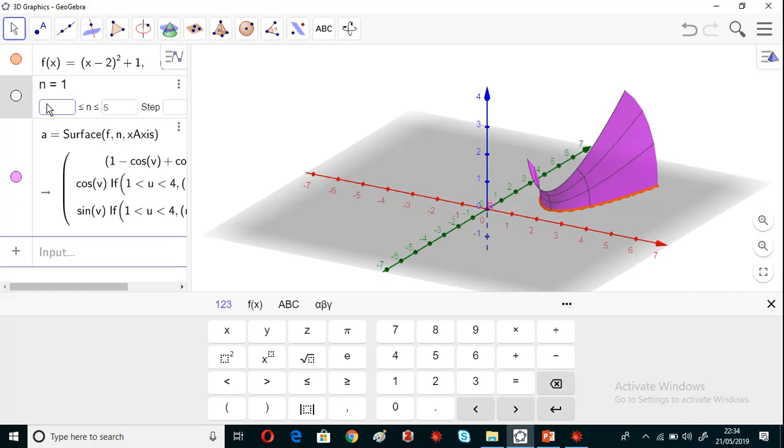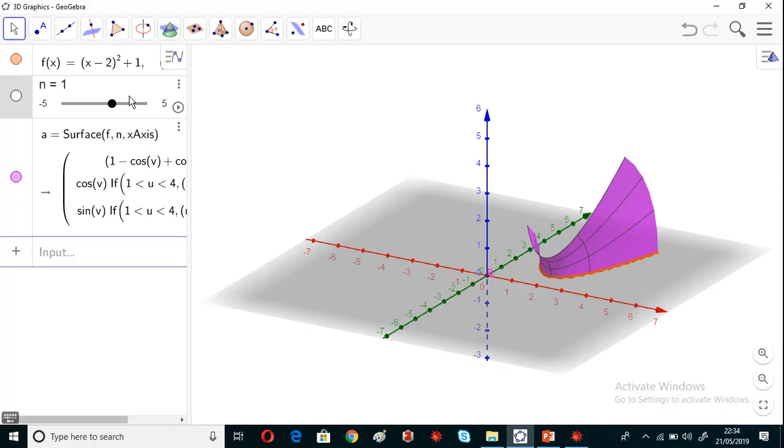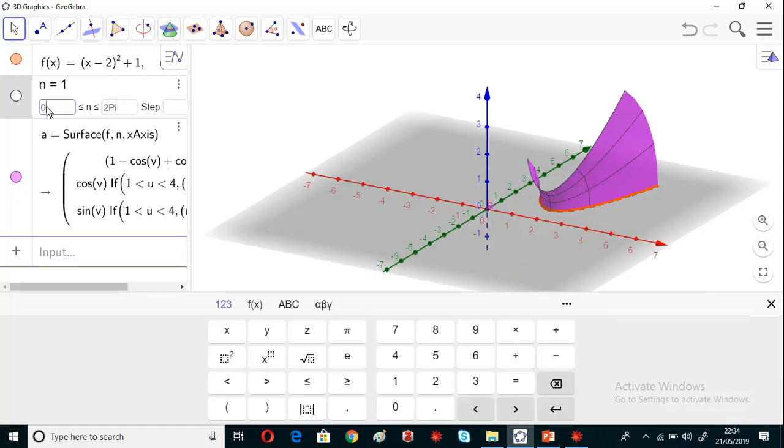Then we'll fix the scale for 0 to 2 pi, this 0, 2 pi, and 5 divided by 180.